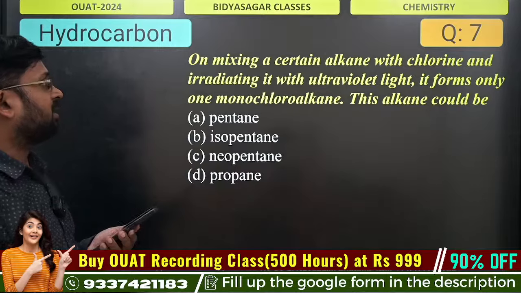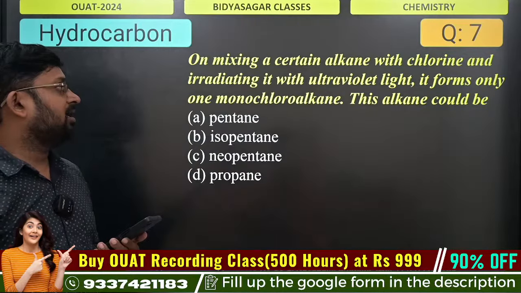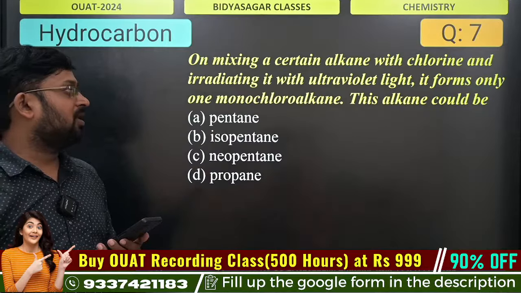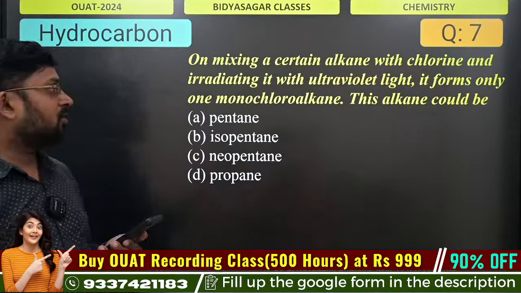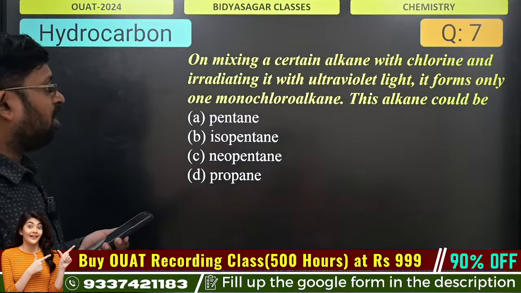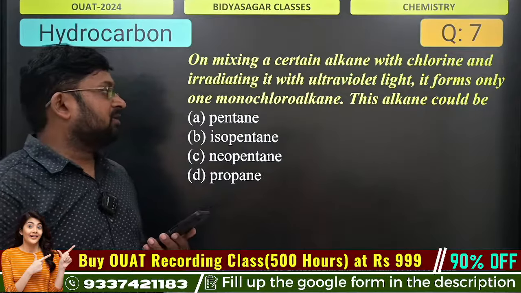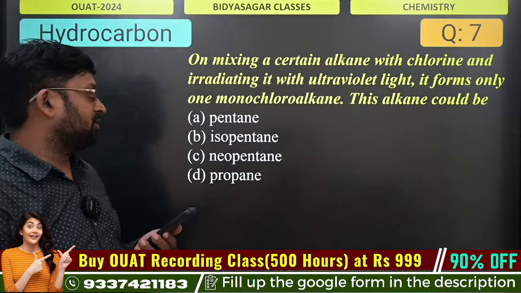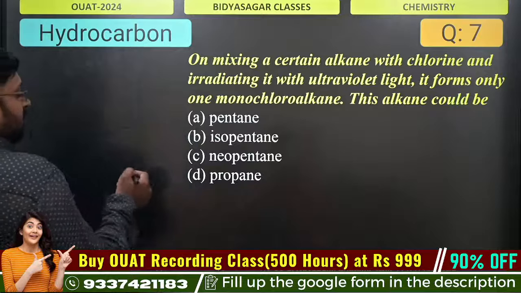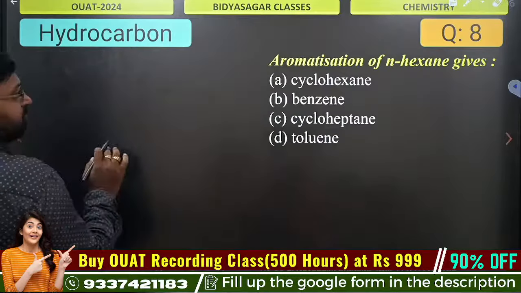Very important question: on mixing a certain alkane with chlorine and irradiating it with ultraviolet light, it forms only one monochloroalkane. Only one type of halo derivative means it should have only one type of hydrogen atom.